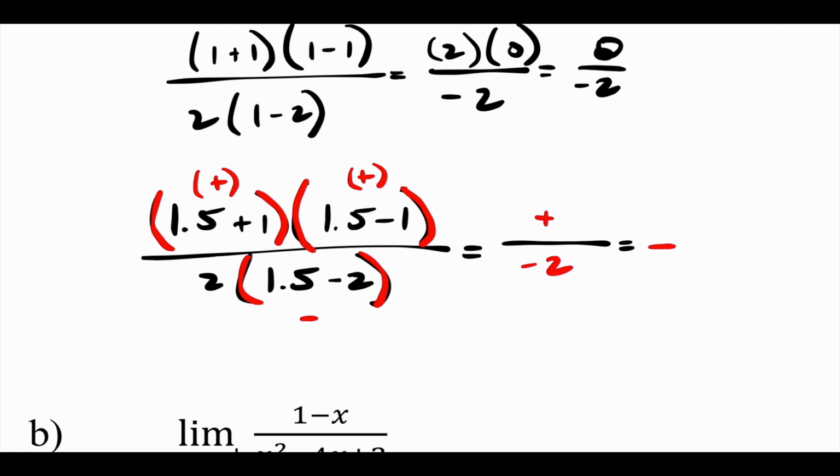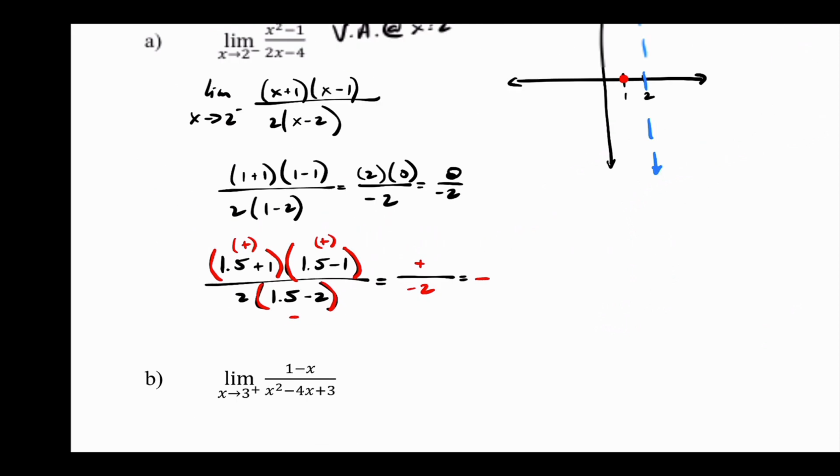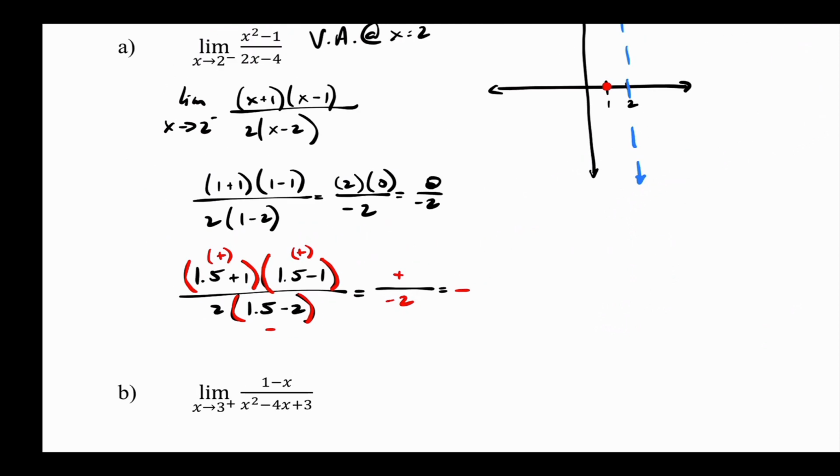So what that shows me is that from that dot, this guy is going downhill, and it's going to keep going downhill. You could plug in 1.9, 1.99, 1.999, and it would still be going negative, negative, negative.